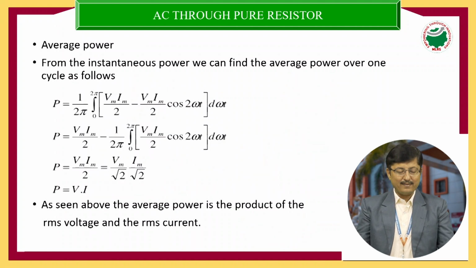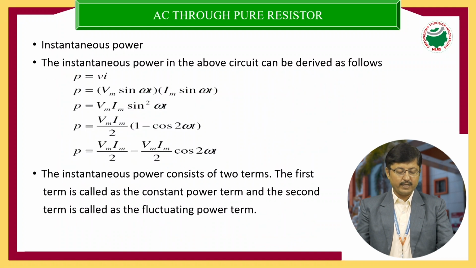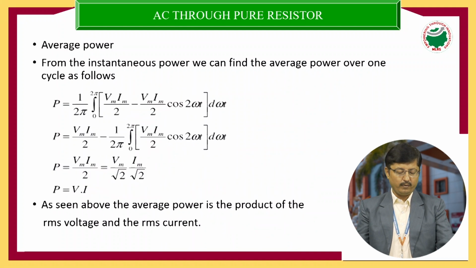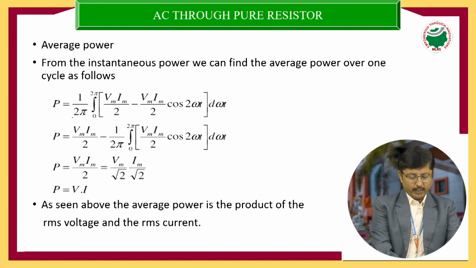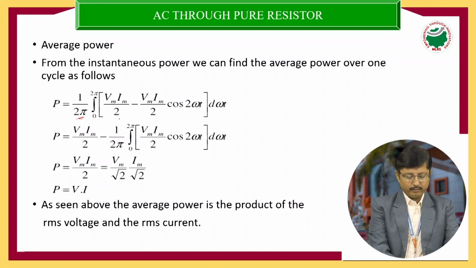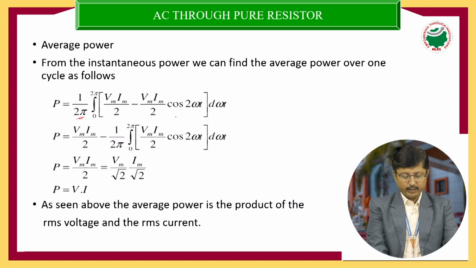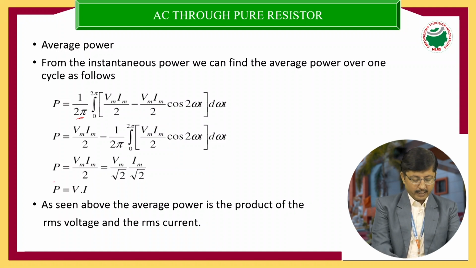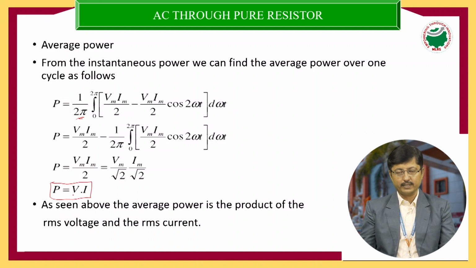Coming to the average power. Previously we have seen instantaneous power, now it is average power. Average power means we take it over a period of a cycle: 1 by 2 pi integral 0 to 2 pi of Vm Im by 2 minus Vm Im by 2 into cos 2 omega t d omega t. If you simplify, we get the same expression.